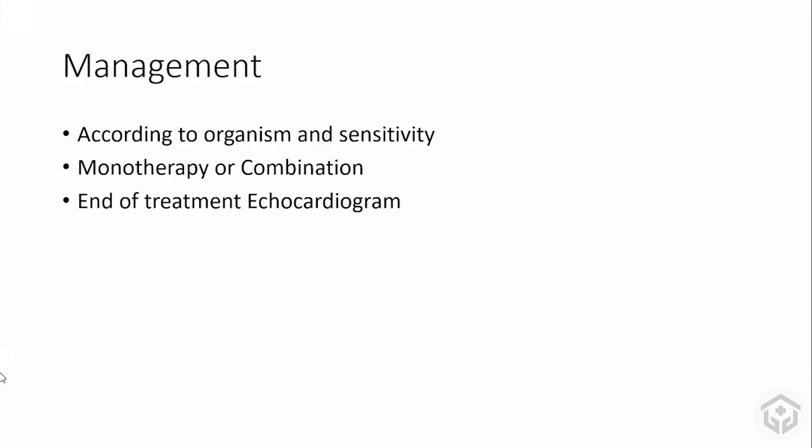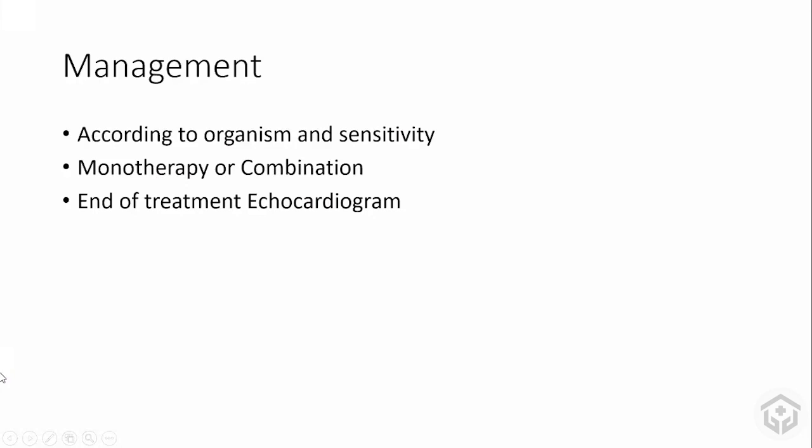The organism and whether it is a native or prosthetic valve will also decide whether we give monotherapy, a single antibiotic, or a combination of antibiotics. For example, let's look at a few examples.